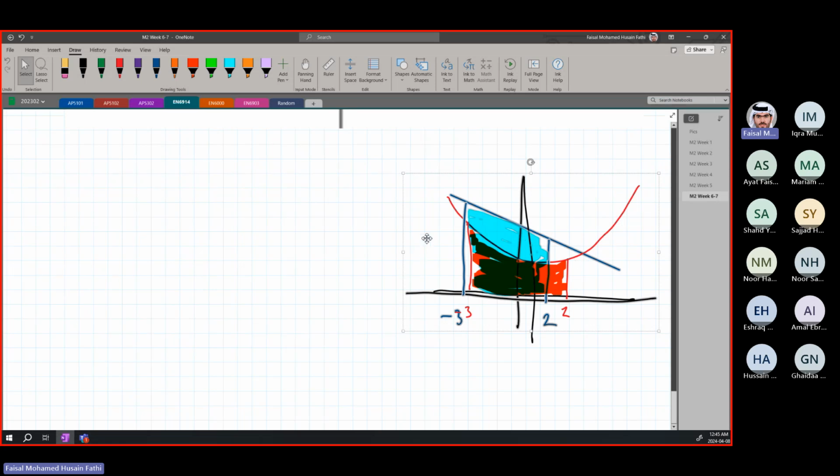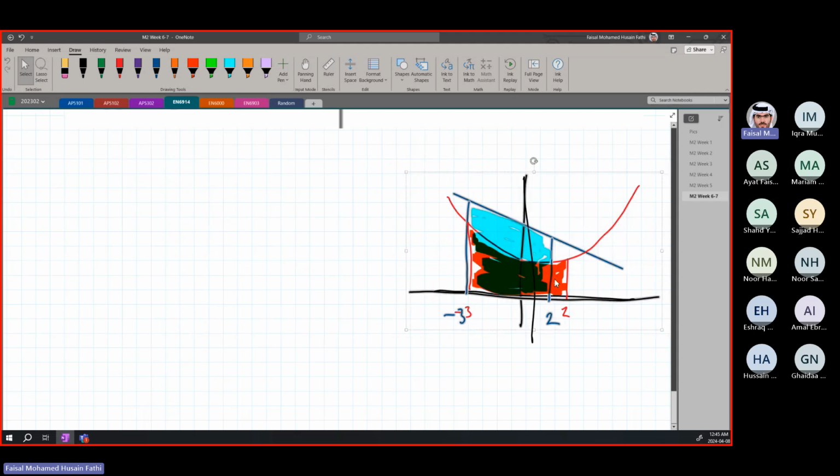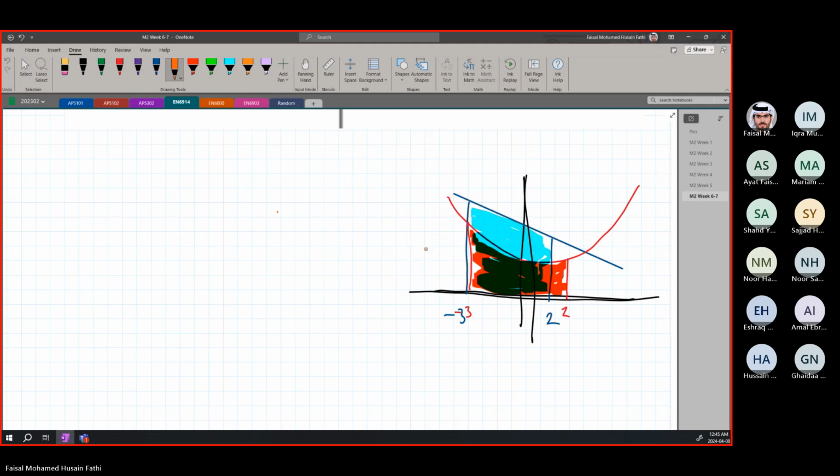That is what we are actually looking for, not this dark part at the bottom. We want only the blue part at the top. So what do we need to do? We need to remove the bottom part. We need to remove all of it, and keep only the blue part. So what are we going to do? We're going to take the integration of the y, the straight line, the blue, minus the integration of the one at the bottom, which is the y, which is red.